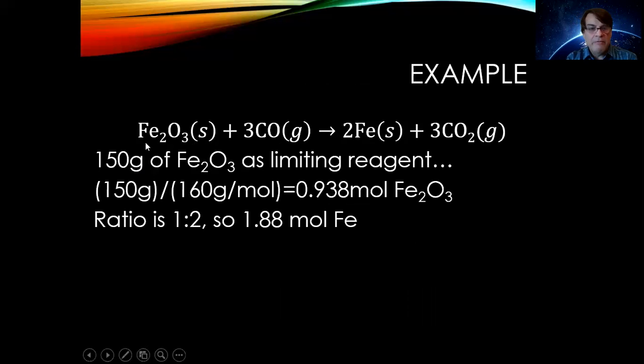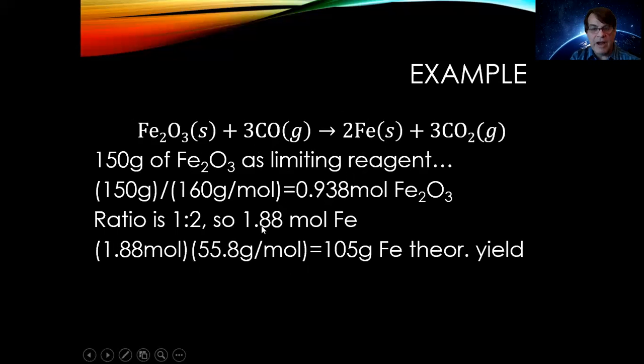We're going from iron oxide to iron. The ratio is 1 to 2, right? 1 in front of that, 2 in front of that. So basically, if I multiply this by 2, I'm going to end up with 1.88 moles of iron. I had this much moles of iron oxide, but I'm going to get twice as much moles of iron. Okay, 1.88 moles of iron.